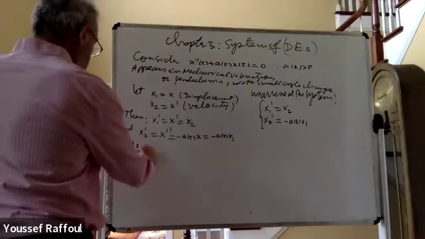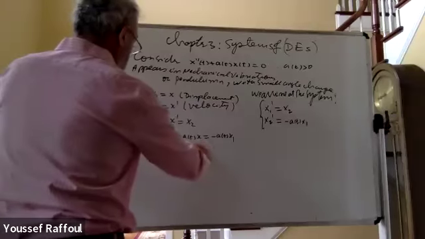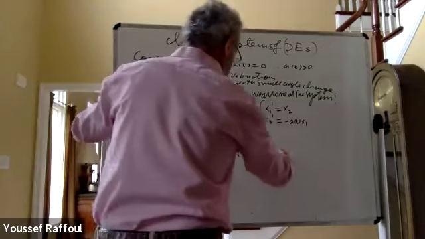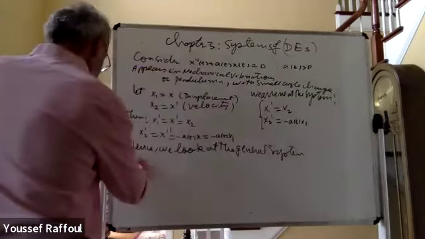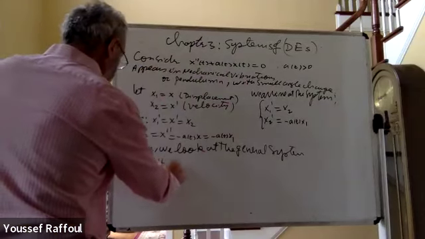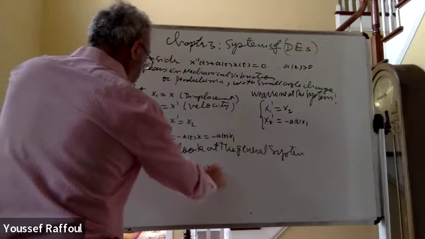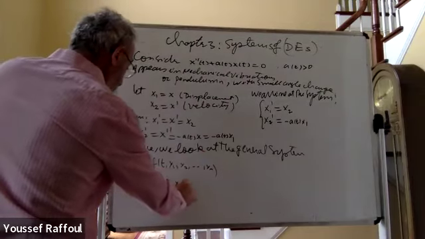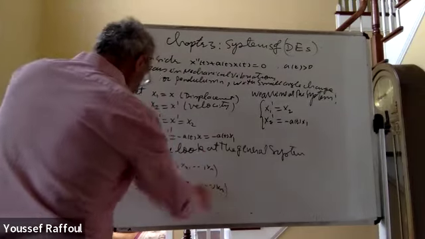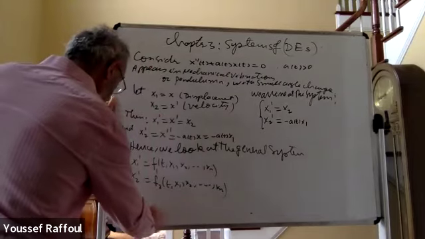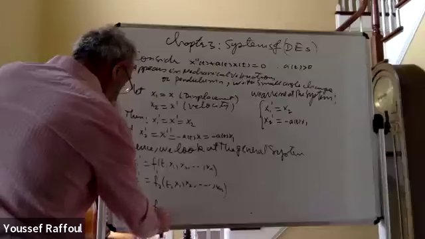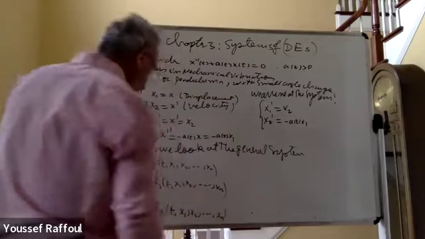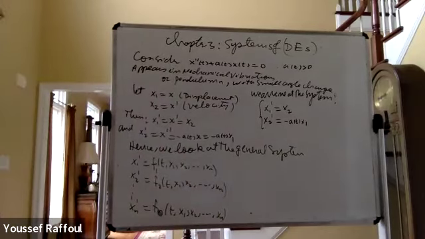So hence, we look at the general system: x1 prime equal f1 of t, x1, x2, ..., xn; x2 prime equal f2 of t, x1, x2, ..., xn; and xn prime equal fn of t, x1, x2, ..., xn. Okay?